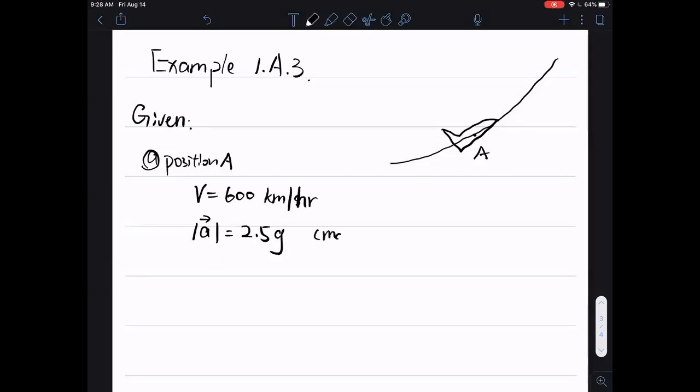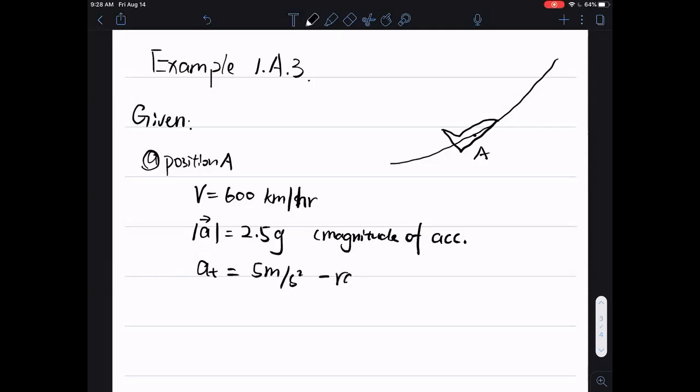And this is called magnitude of acceleration. Another given we know is a_t, which is the rate of change of speed of this jet. It's 5 meters per second squared.